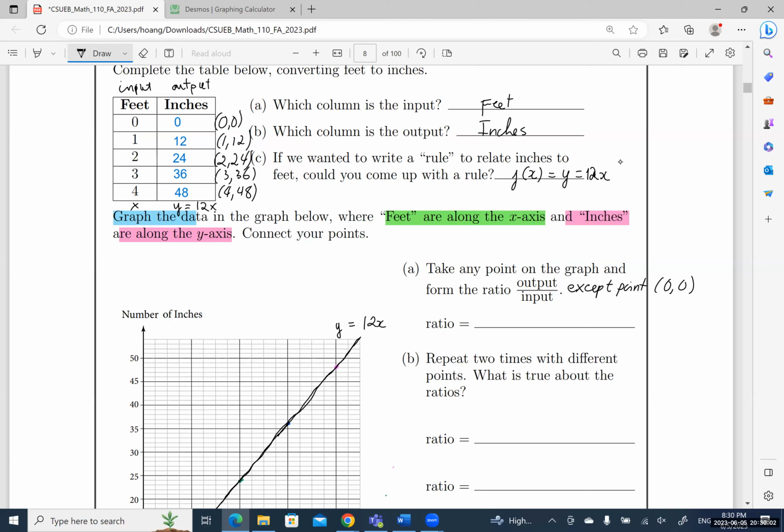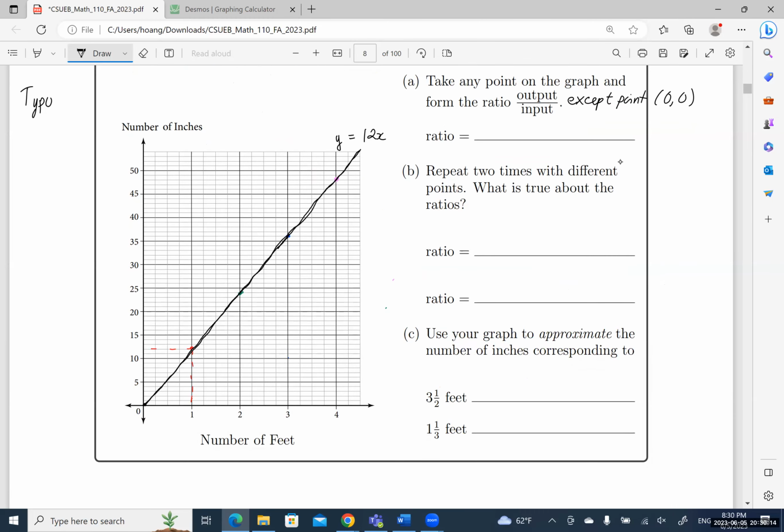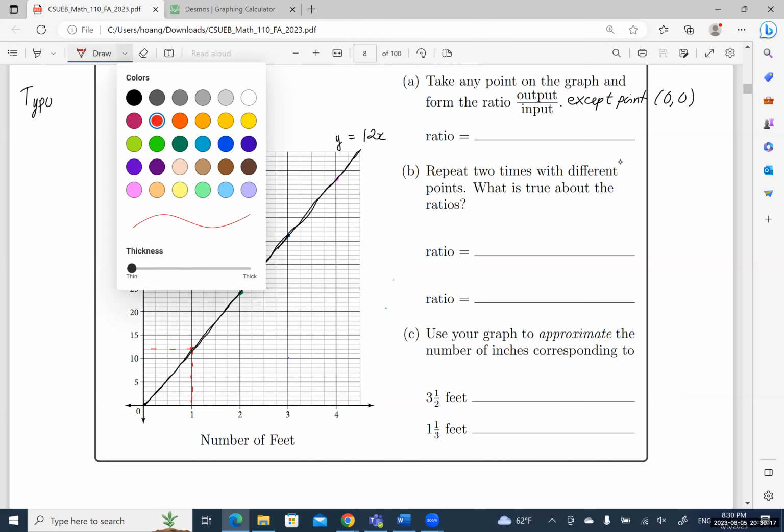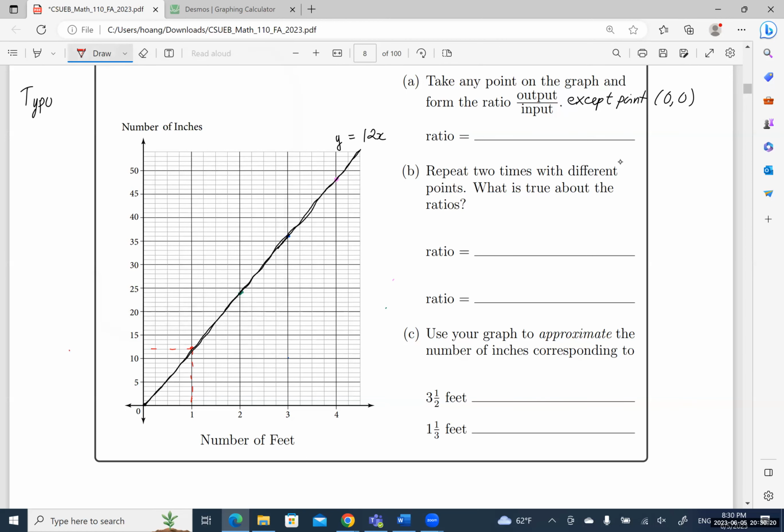So except for the point (0, 0), you will have a ratio. Let's say I choose a point in here. Let's choose 1.5. What do I have for 1.5? This point, what is that? 18, right? It is (1.5, 18).